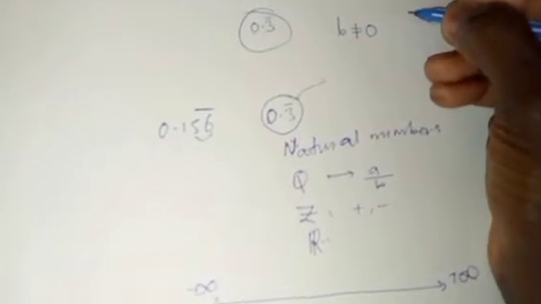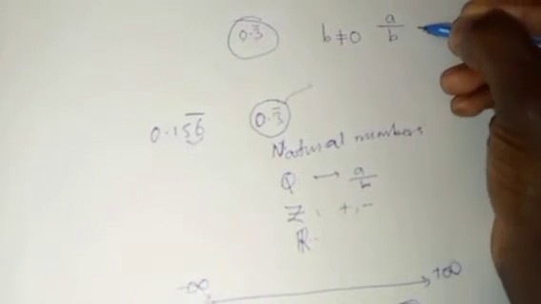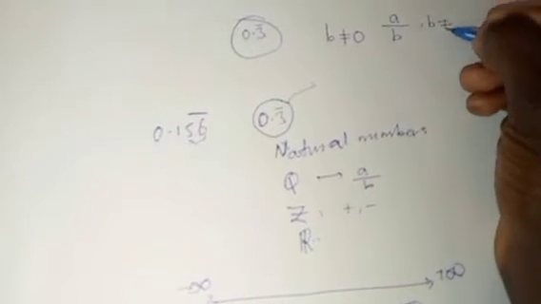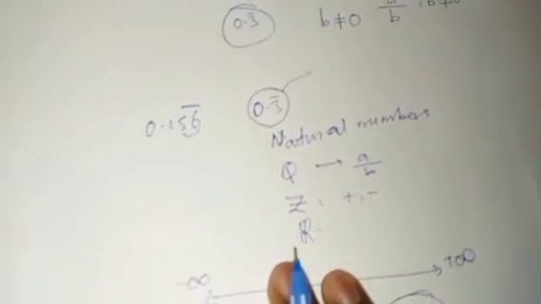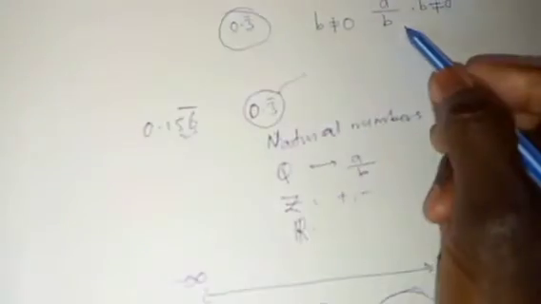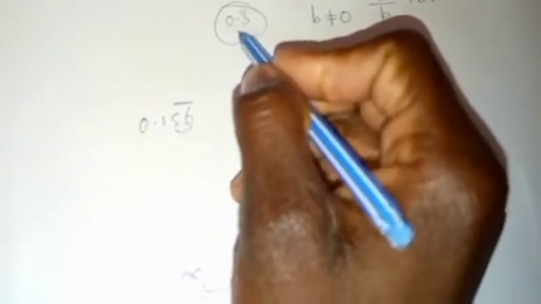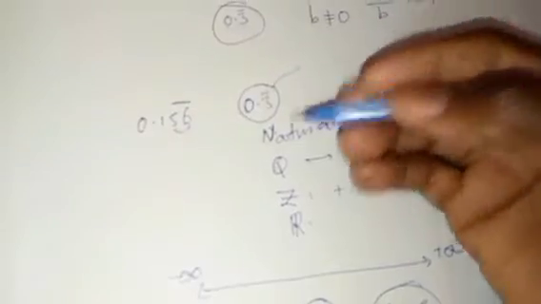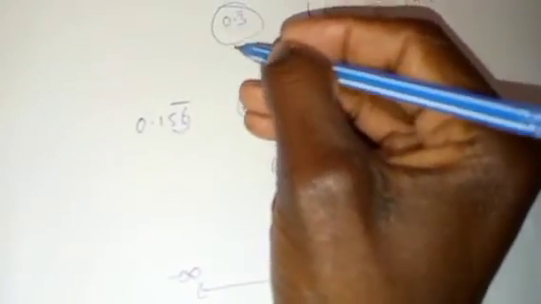This implies that we have to express this number in the form of a over b, where b shouldn't be equal to 0. And how do you express the same numbers in that form? For you to express this, you must come up with two different equations. The two equations must have repeating numbers after the decimal place. What do I mean by repeating numbers just after the decimal place?